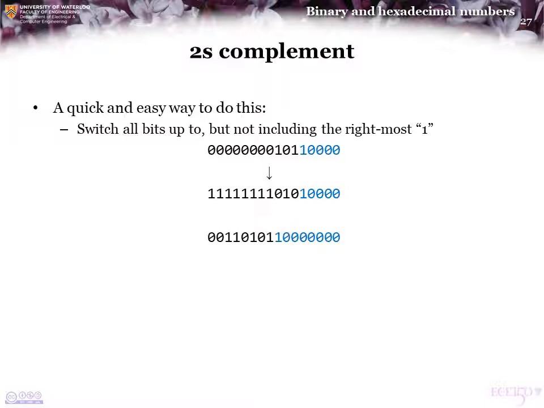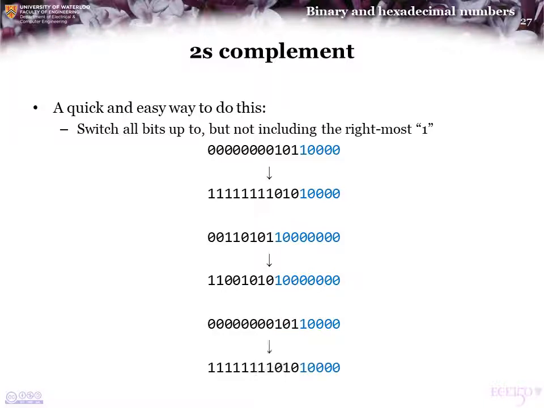Here's another number. The 2's complement of this number is flipping all the bits up until that last 1. And finally, the 2's complement of this number here is simply this value, all of the bits being flipped except for all those bits after and including the rightmost 1.